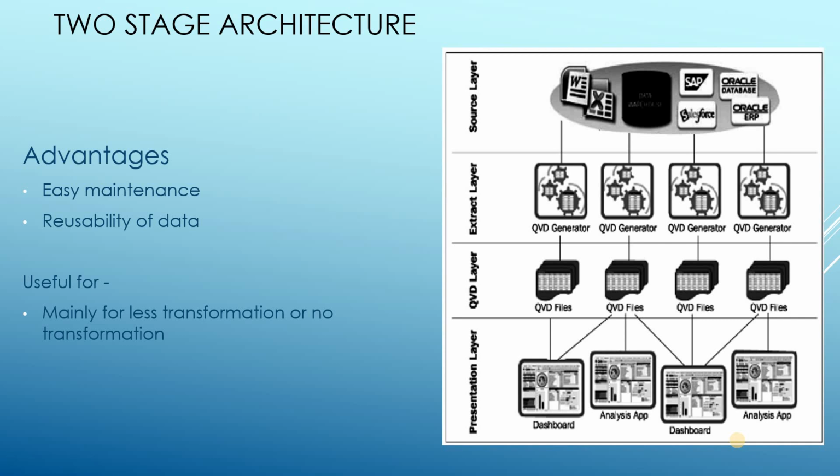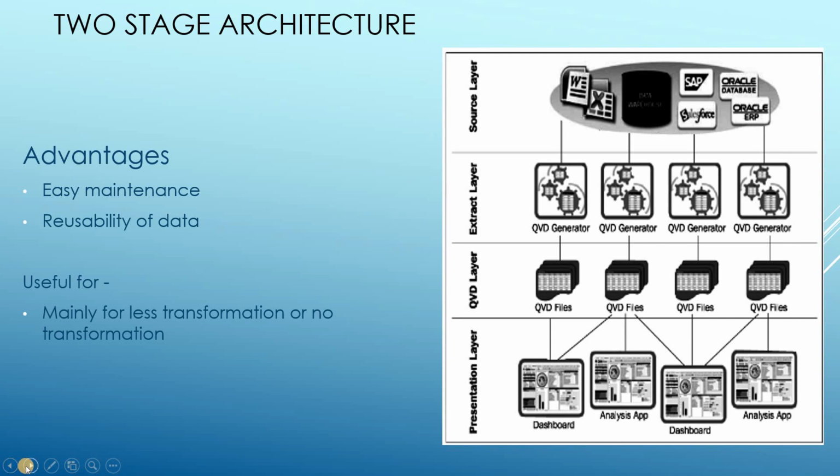You might have a question: why are we creating so many things, when we can directly connect our QVW application, the final presentation layer application, to the source layer? We can do that, but when it comes to maintenance and reusability of data, we need to follow the two-stage architecture.